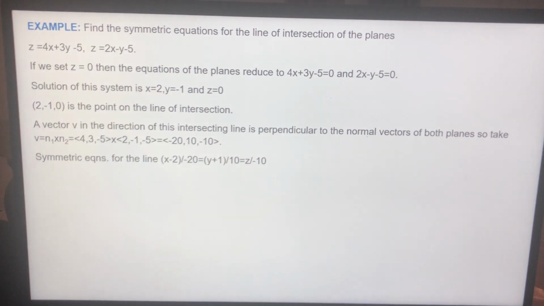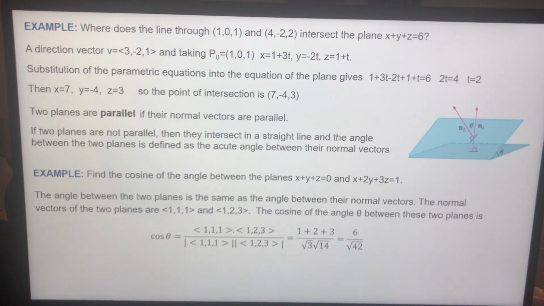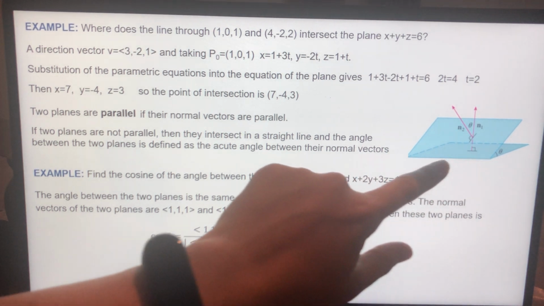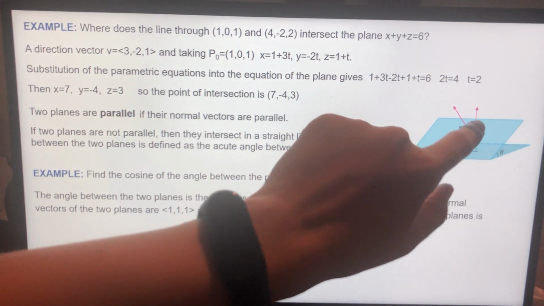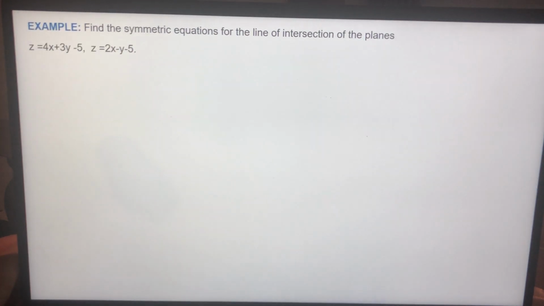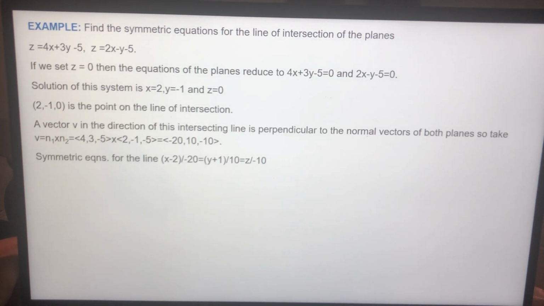And once you have that, you need the direction of the line. And to be able to find that, again for the planes, we need to use the normal vectors. So if you take the cross product of the normal vectors, you will find a vector that will be orthogonal to both of these planes. Check that out, this line is going to be orthogonal to both of these n1 and n2 vectors, which are the normal vectors.